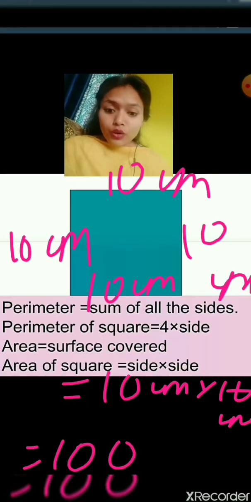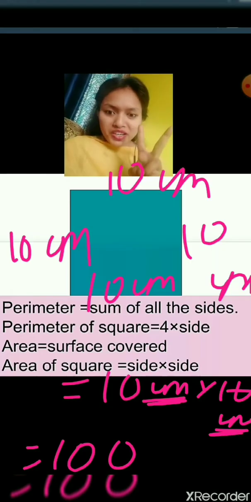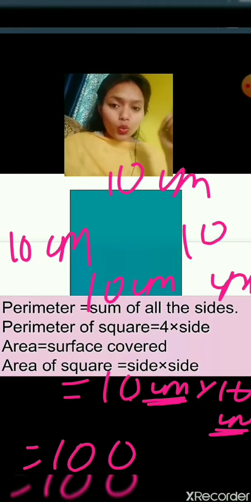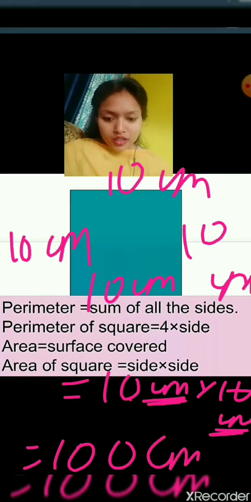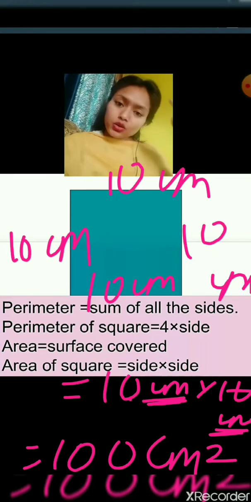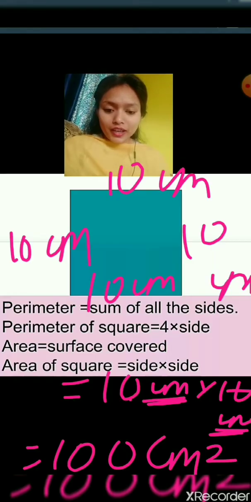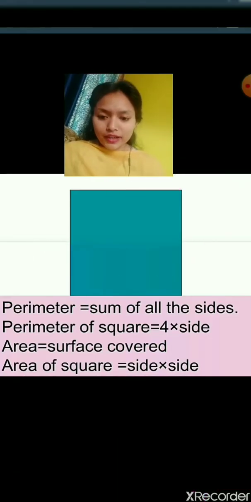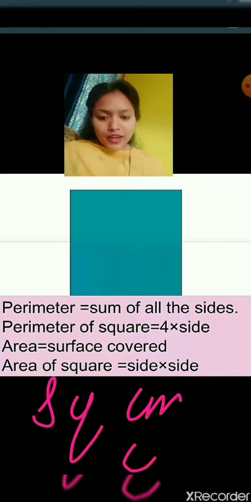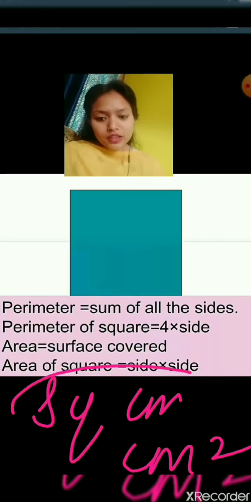Centimeter and centimeter will be centimeter square. Square means 2. So it will be 100 centimeter square, or we can write it as square centimeter. Square centimeter or centimeter square are the same thing.